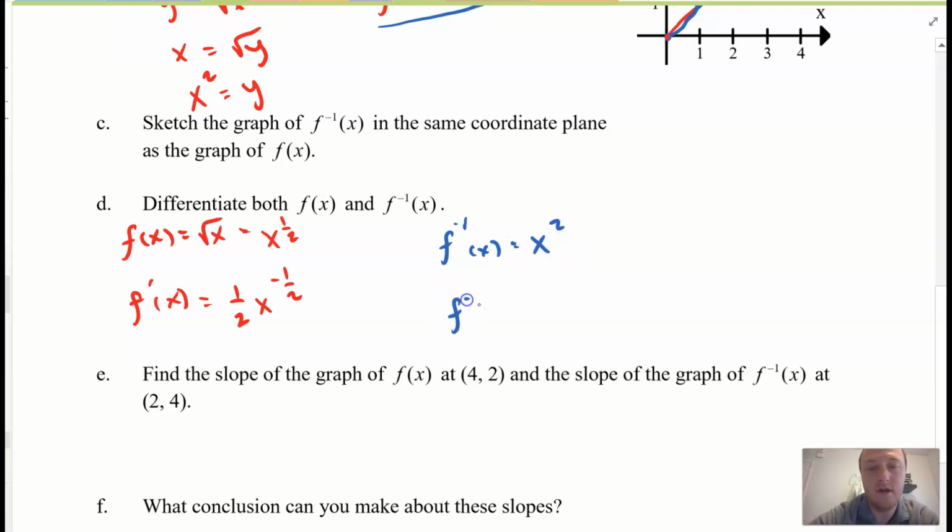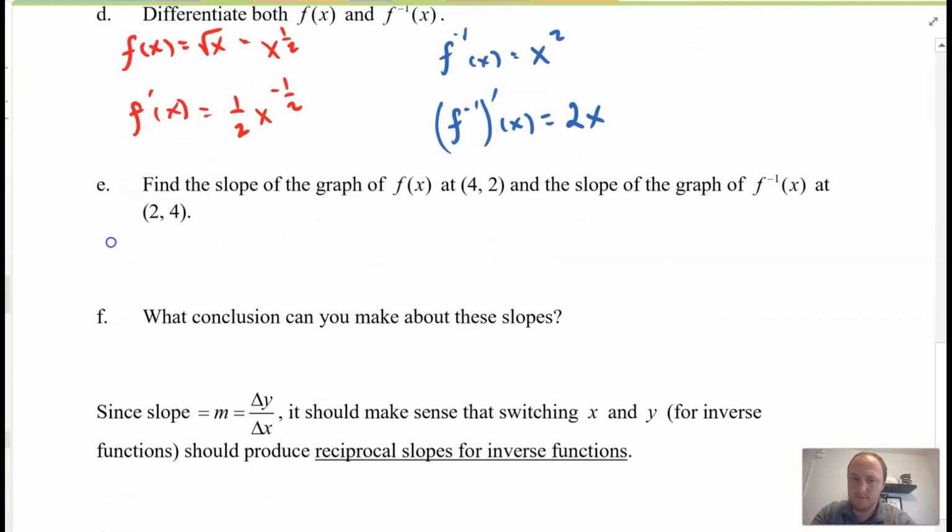So therefore, the derivative of f inverse of x, right, f inverse prime of x, it's kind of like a tongue twister, is equal to 2x. Okay, so what? Well, let's keep going.